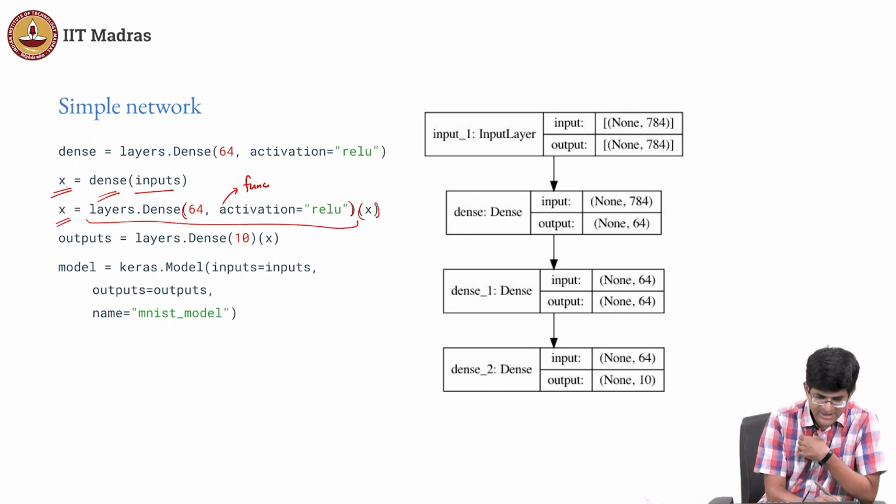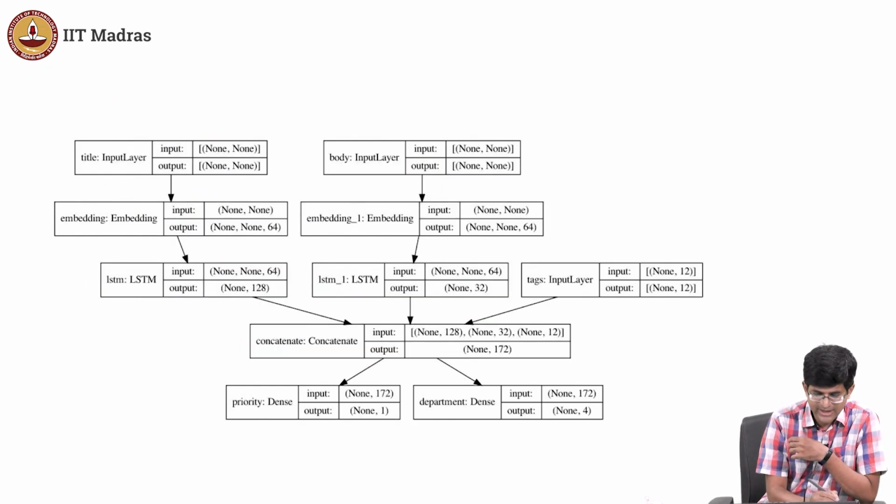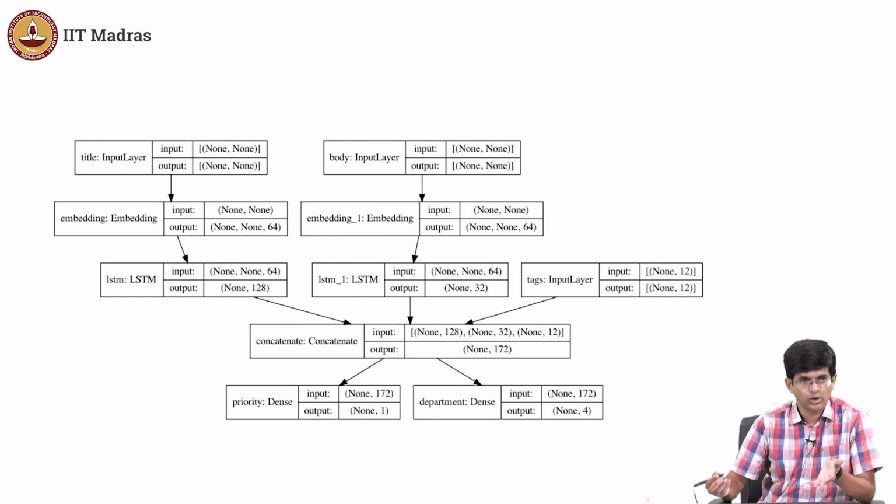Anyway, the interesting thing about Keras is it also has something else called the functional API, not the sequential API. In the functional API, you can directly create multiple different inputs. You can create these different layers one after the other, put everything together, and what is interesting is your graph could look like this.